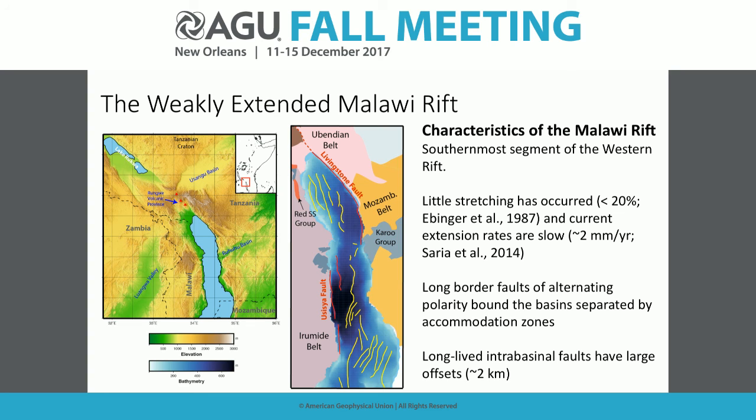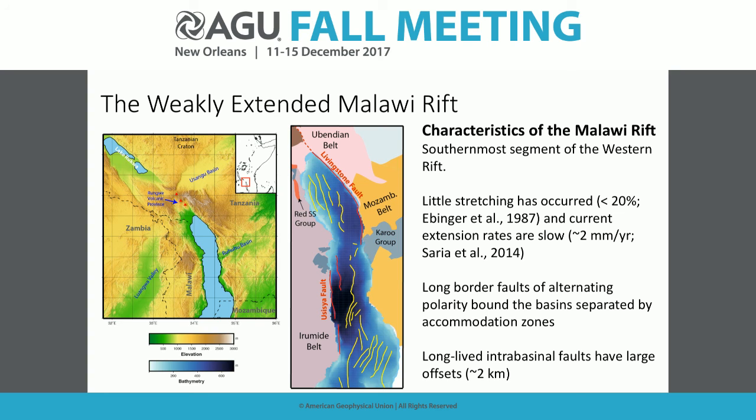This rift has these very characteristic asymmetric basins where we have the North Basin right here. This is a half graben that's bounded to the east by the Livingstone Fault, which is a west-dipping fault. We step south into the Central Basin here, where now we have the Usisya Fault on the west, which is an east-dipping array of faults there.